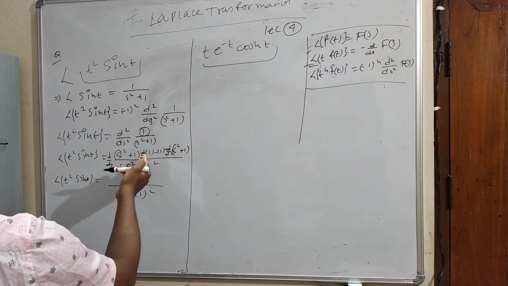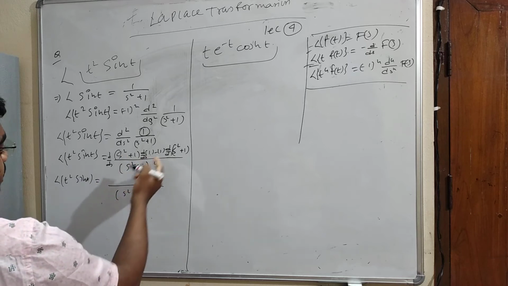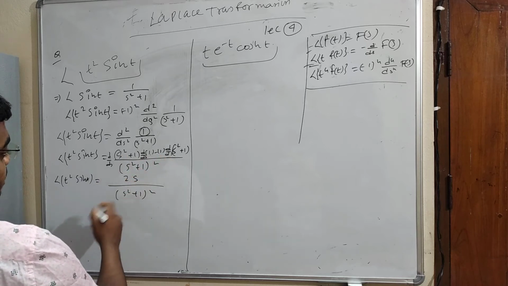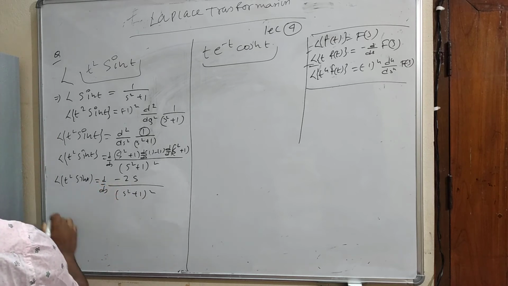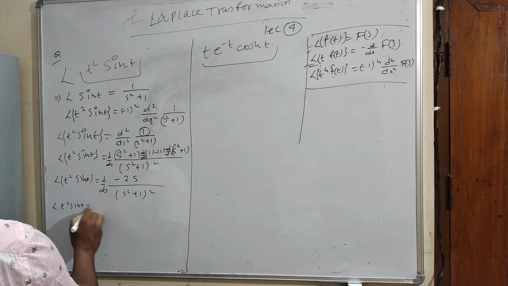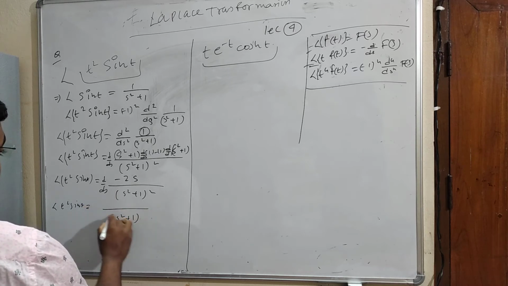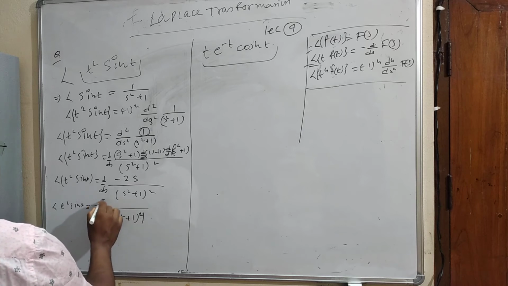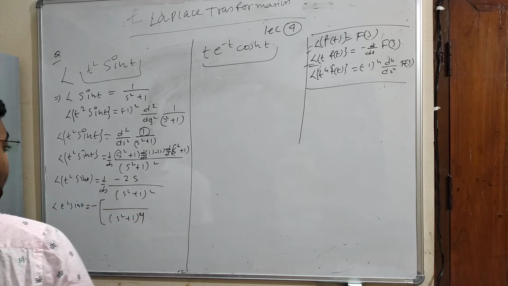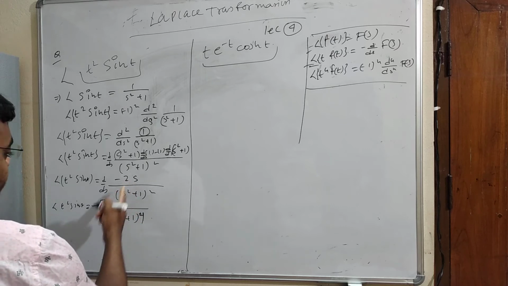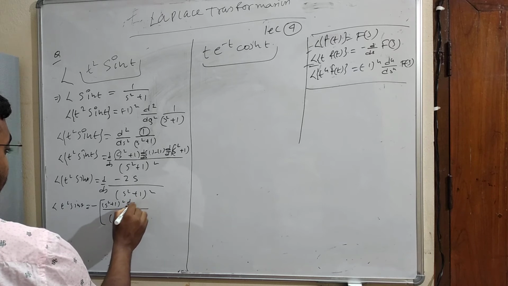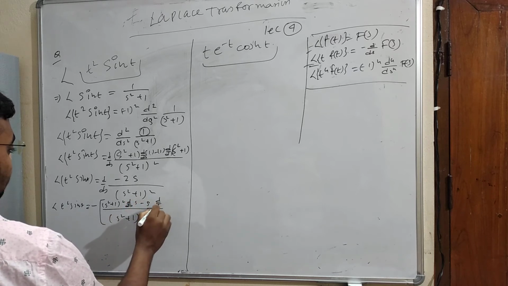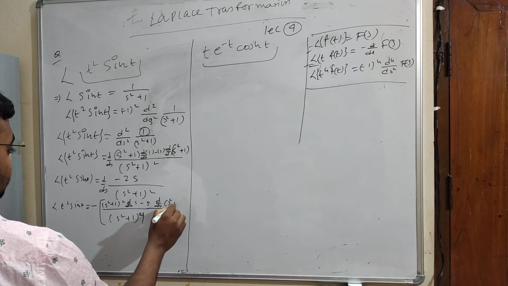The first one will be a constant, it will be minus, and here it will be 2s. And we need to find the derivative again. Taking minus common, it will be s square plus 1 square ds minus s ds on s square plus 1 whole square.